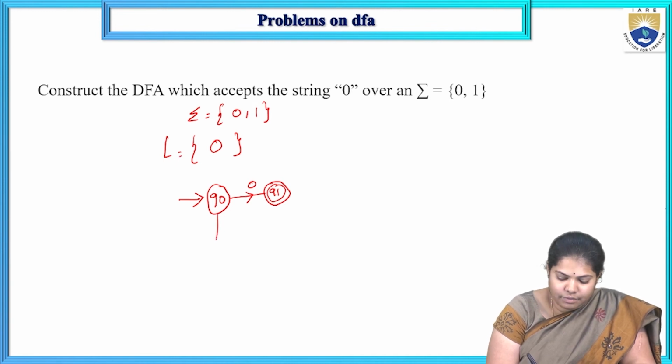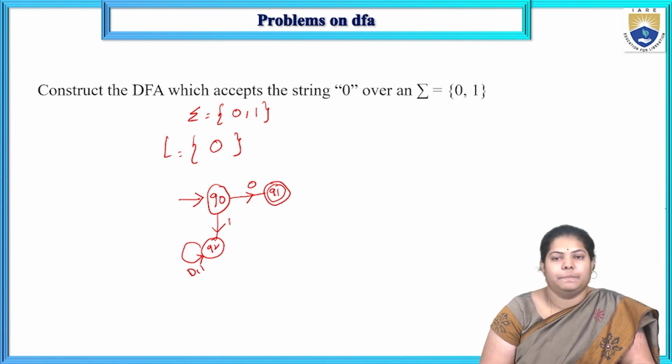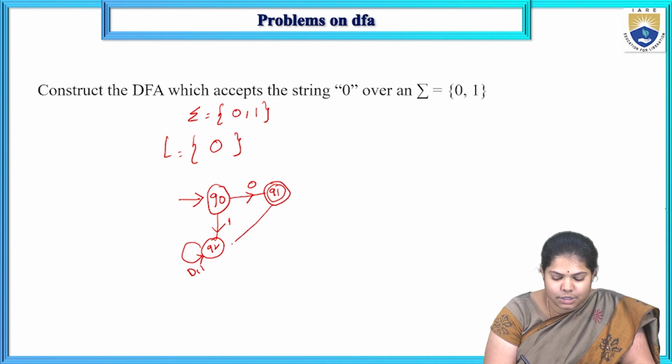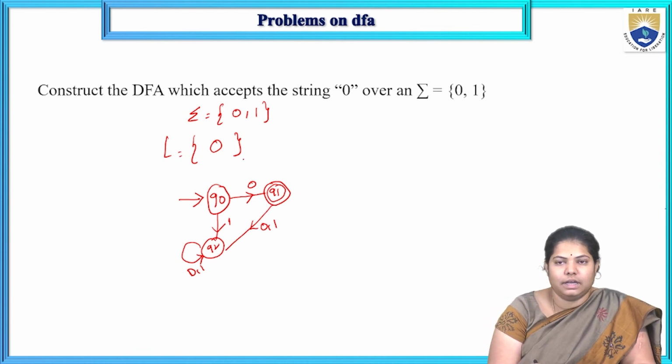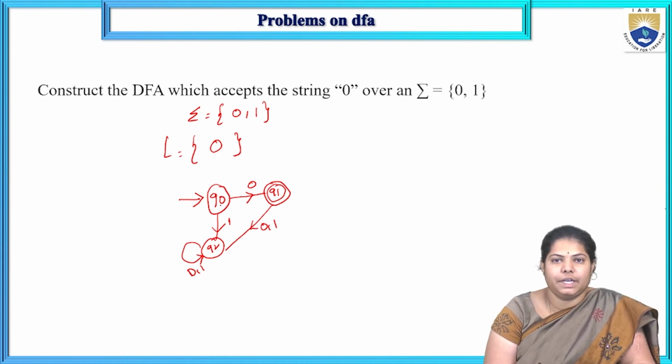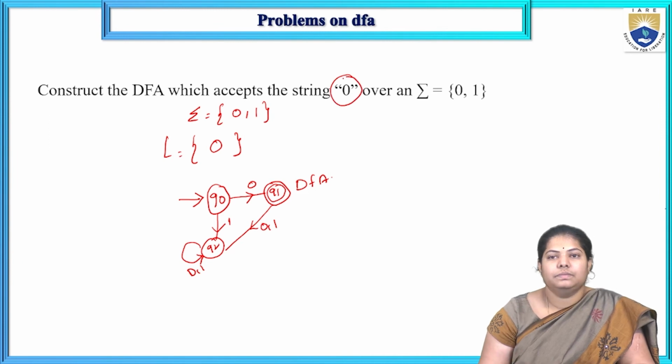If I get 1, where should I send it? I should send it to the dead state on 1. And after 0, if I get any input symbol 0 or 1, I simply send it to the dead state. So this deterministic finite automaton accepts only a single string called 0.